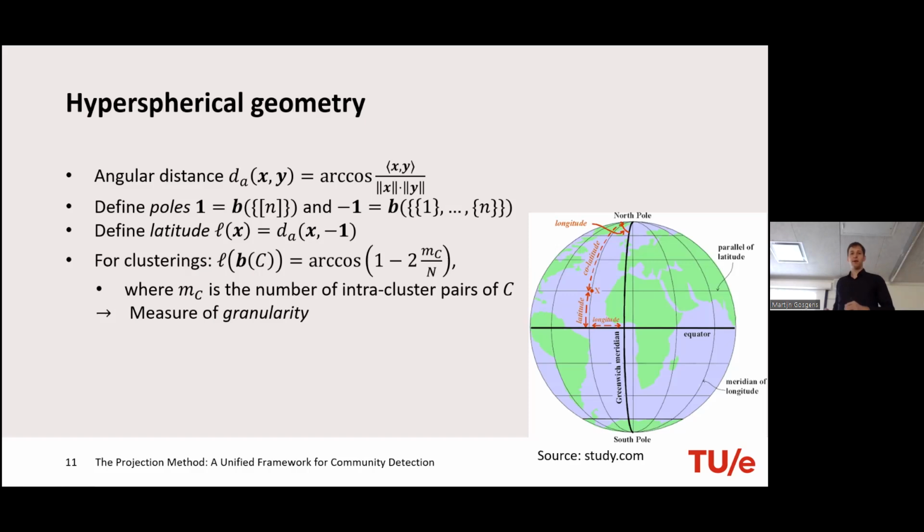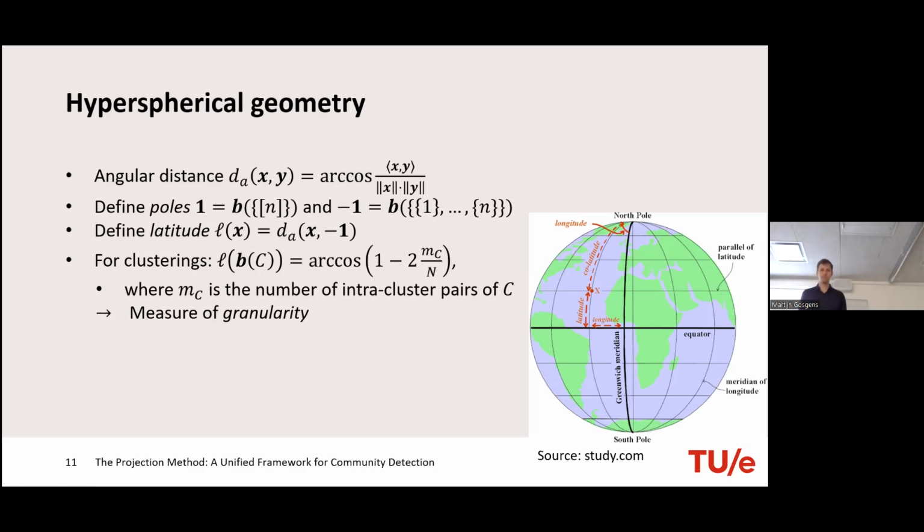And if you have a partition, then the fraction of node pairs that are inside the same set can be seen as a measure of granularity. So in this framework, we will use the latitude of a clustering vector as a measure of its granularity.